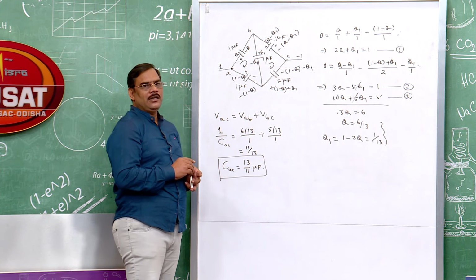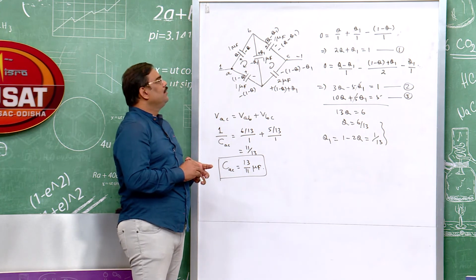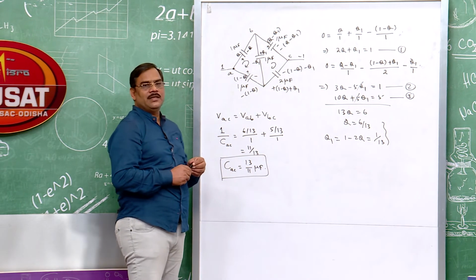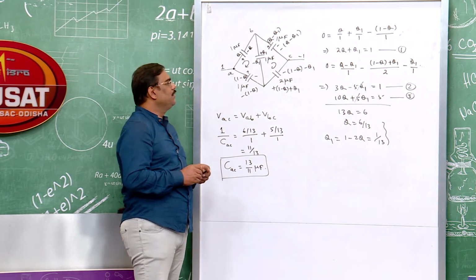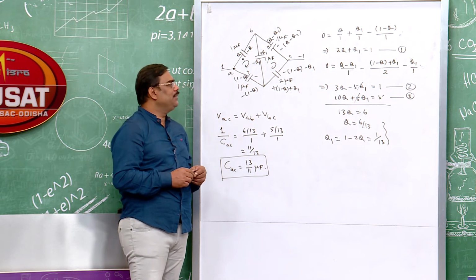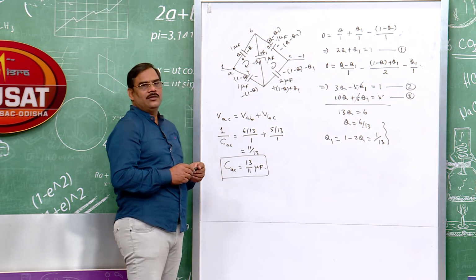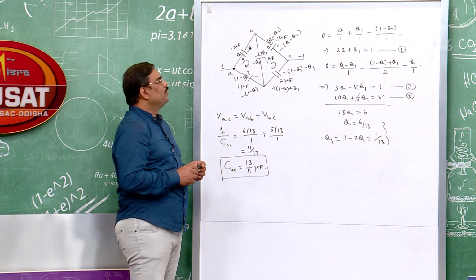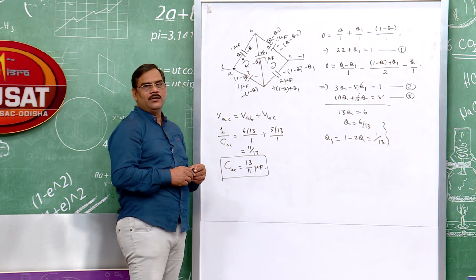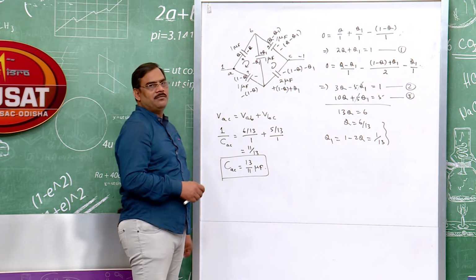But instruments like ammeter and voltmeter are used to measure the current and voltage in an electrical network. In an ammeter, we use a very small resistance in series, and in a voltmeter we use a very high resistance in parallel.